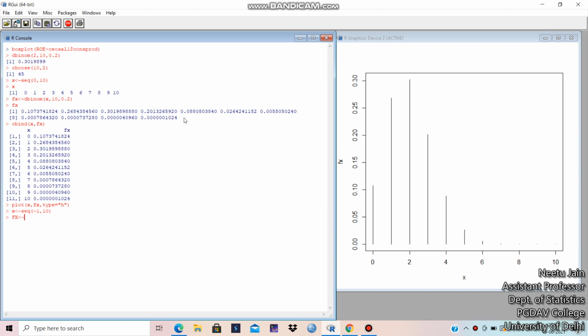Capital Fx uses p instead of d. d is for the probability mass function, and for the cumulative distribution function CDF it would be p. We will write pbinom. The remaining things would be the same: x, 10, probability 0.2.